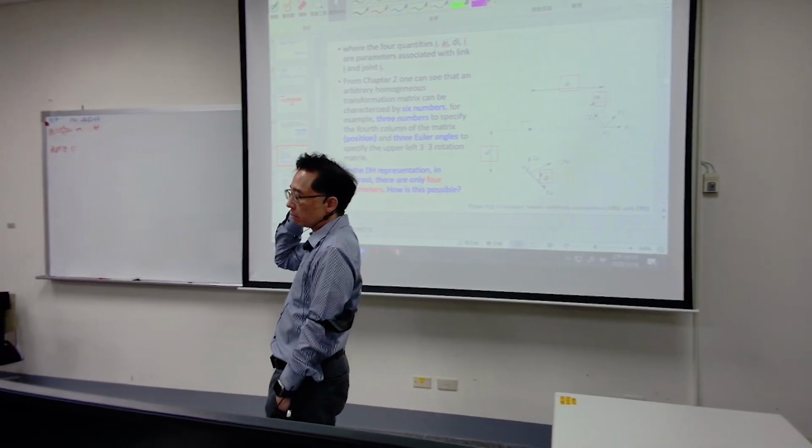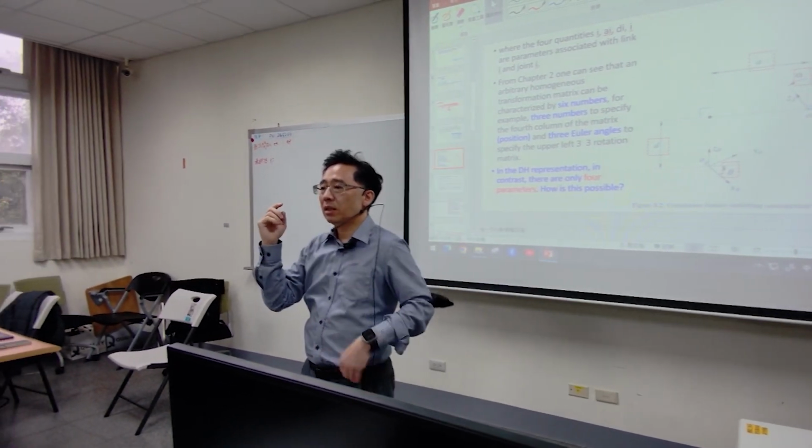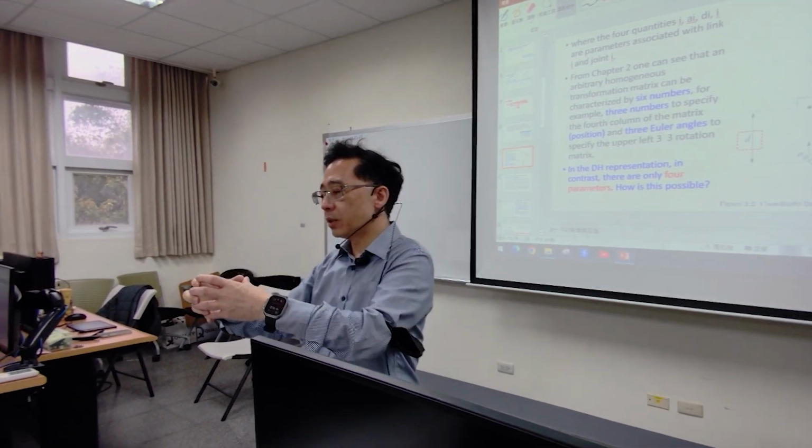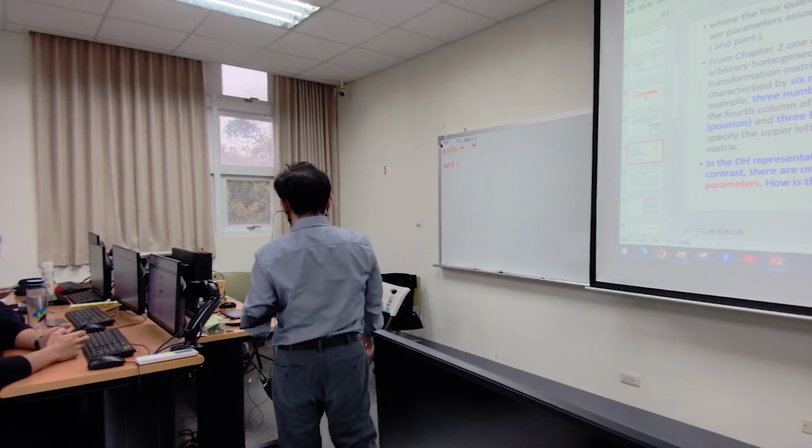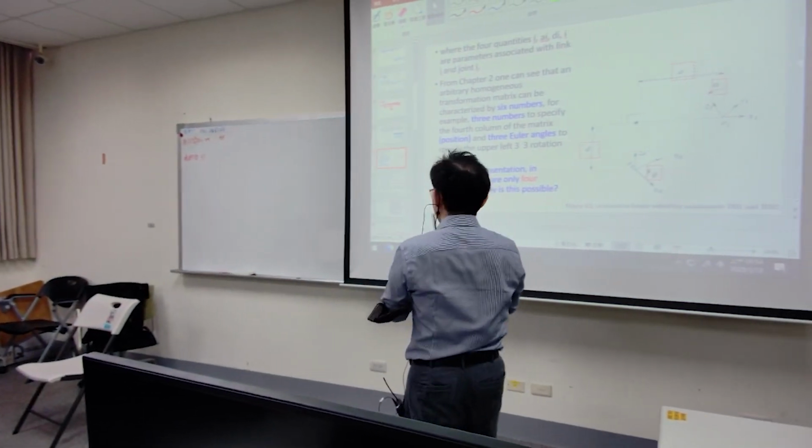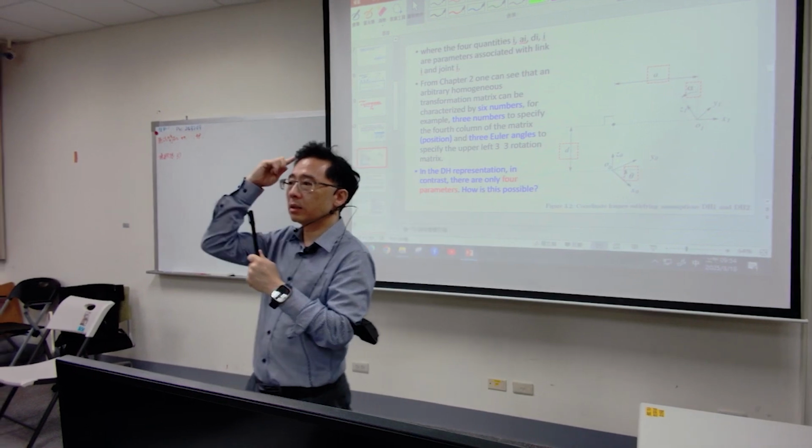So if you have joint 0, joint 1, and 2, normally one arm will go out. This is my arm. So what is the length in the diagram? Which one? This is my joint. And what is the pencil length in the diagram?